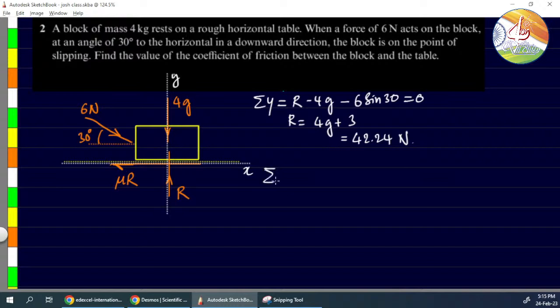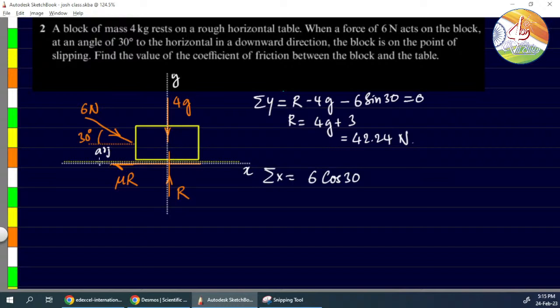Next we have to take sigma x. What are the components in x direction? 6 newtons. What is the horizontal component? 6 into cos or sine? Horizontal component is 6 into sine. Sorry, cos, because this is adjacent.